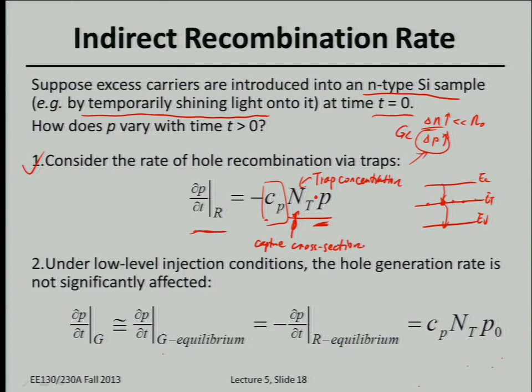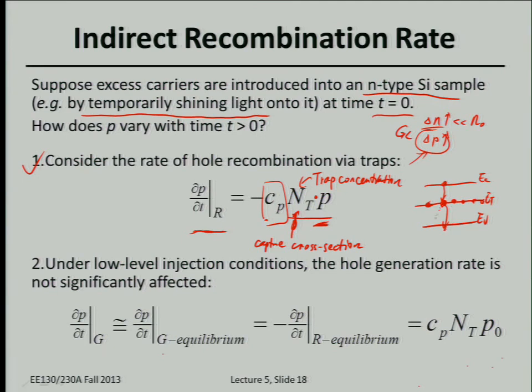What this parameter tells us is how interactive the electrons and holes are to recombine by putting those traps in the band gap. It's actually how active the recombination process is, okay?